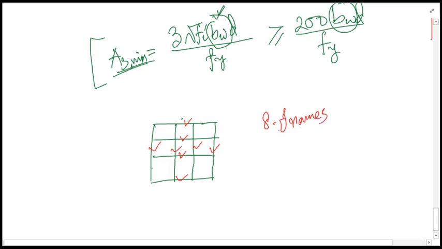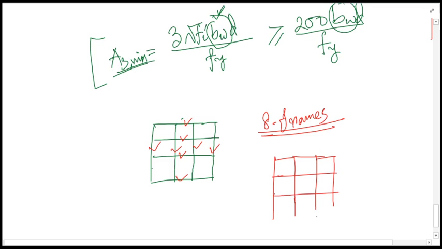So if your building plan is like that, for each frame you will be getting this kind of frame based on the story number you have. For each frame, these will be your beams.